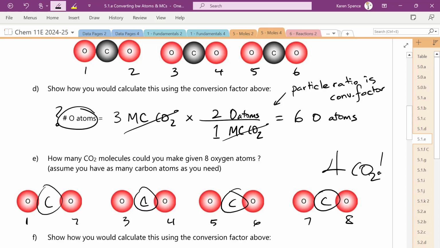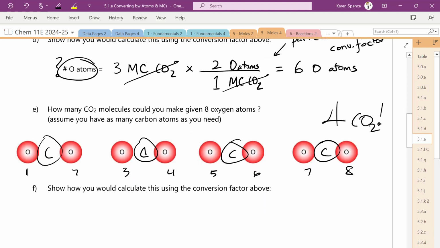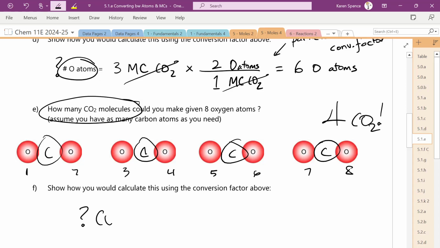But again, we're not going to have lovely numbers like 4 and 3 and 6, okay? So we want to be able to show that. So we say, how many CO2 molecules, not atoms, can we get given 8 oxygen atoms?